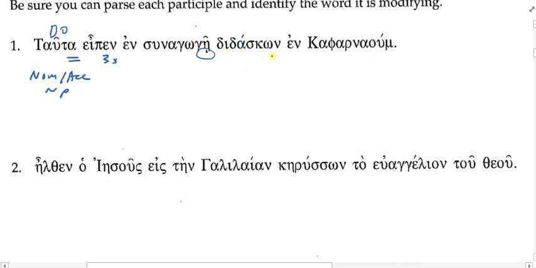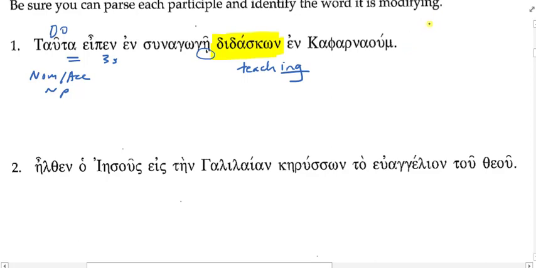What's didaskon? Teaching. Okay. The teacher is didaskalos. This is what type of verb form? That is a participle. Now look at the own ending. Remember your 6 basic forms for the present active participle.